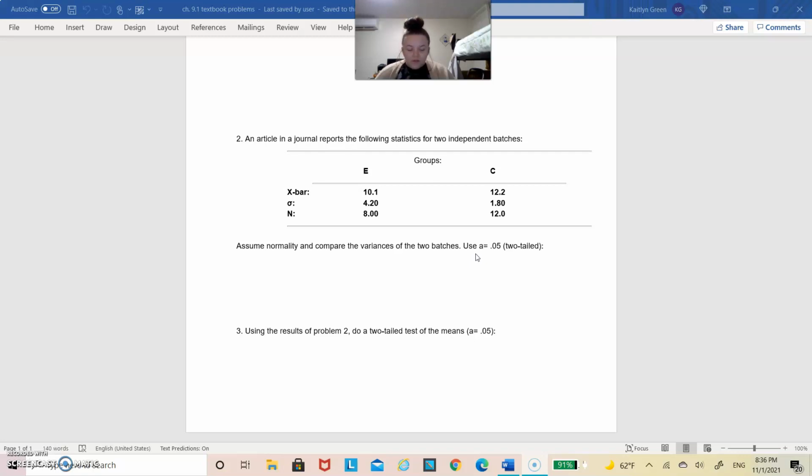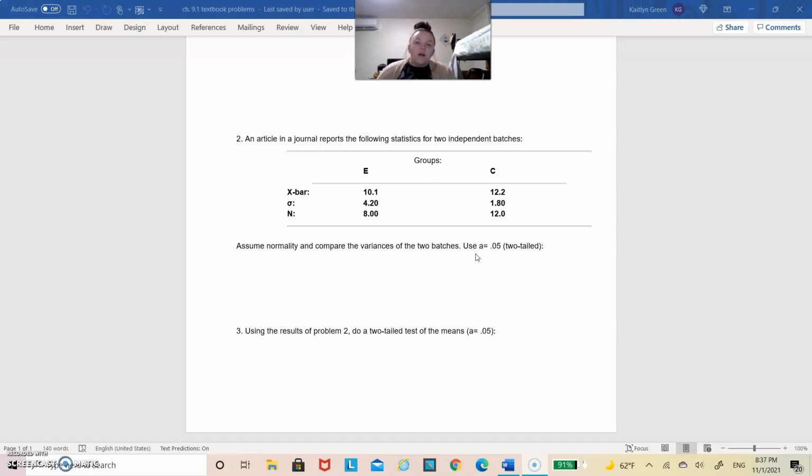and we have to do a little bit of work to find our T calculated, because we'll have to do the same setup as before when we're doing a T-test, and that will subtract the 2 x bars. However, we have to find the standard deviation of x bar 1 minus x bar 2. And whenever you put that in the equation, it looks like the square root of 17.64 divided by 8 plus 3.24 divided by 12.